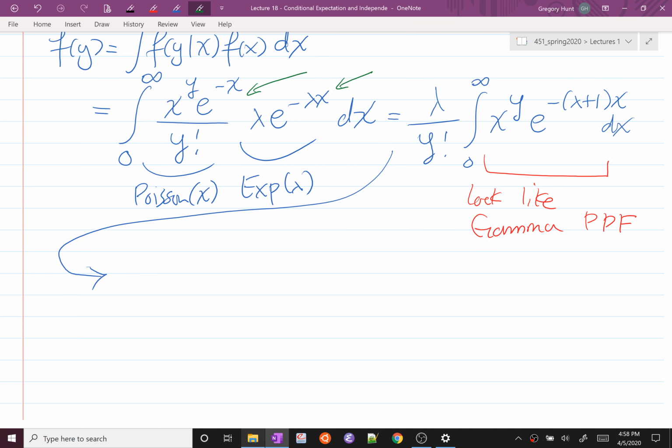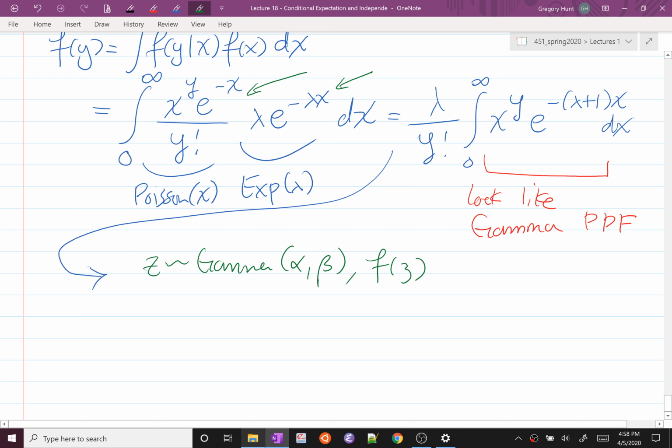Recall here that if z is gamma with parameters alpha and beta, the PDF f of z is beta to the alpha over gamma of alpha, times z to the alpha minus 1, e to the negative beta z.